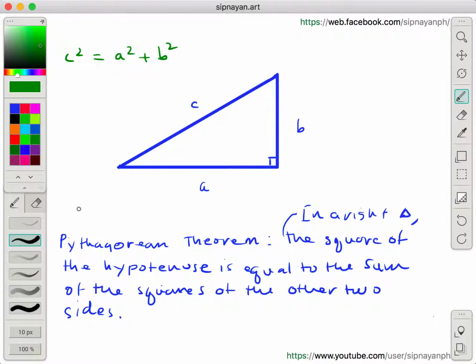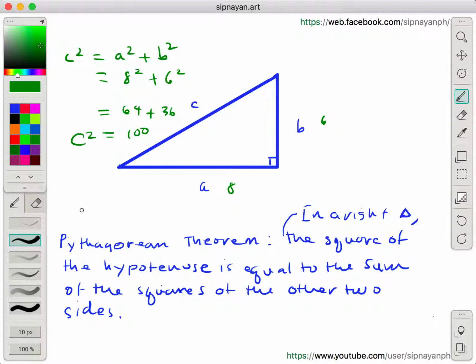So, halimbawa, pag nilagyan natin yan ng value, for example, 6 tsaka 8. So, C squared. Alam natin that C squared equals A squared plus B squared. So this is 8 squared plus 6 squared. This is 64 plus 36, which is equal to 100.